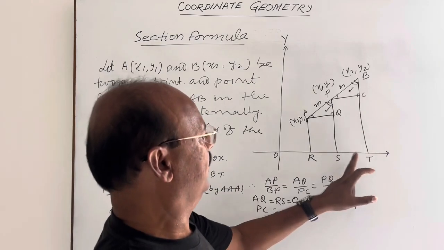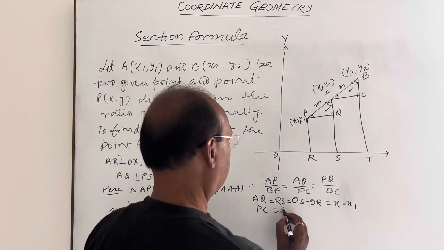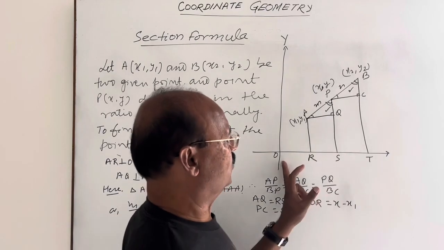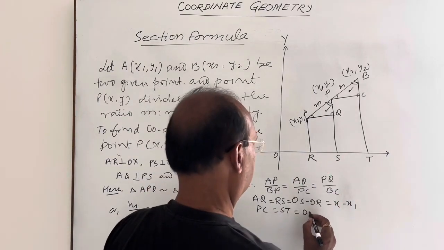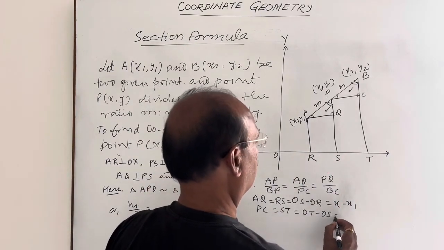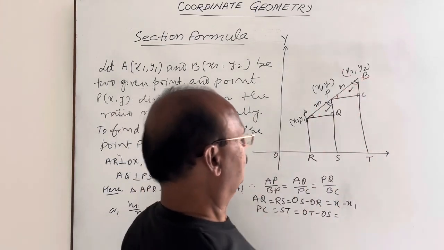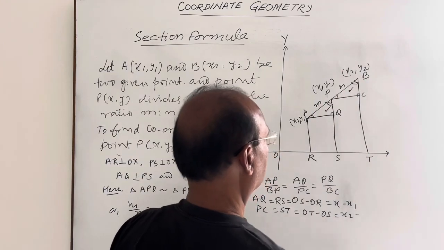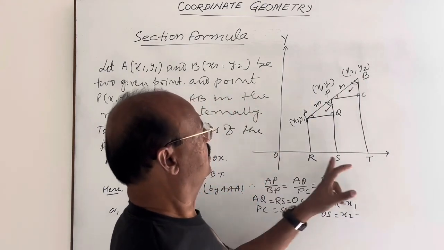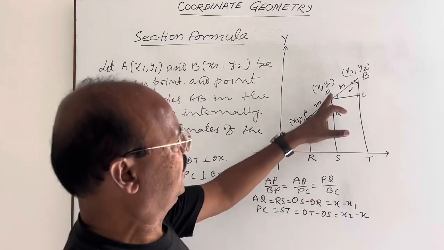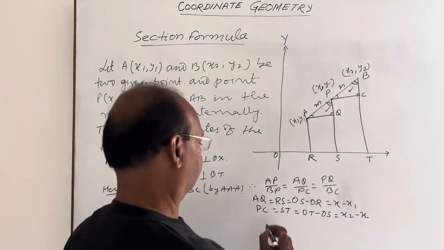Similarly, we can write PC also. PC is equal to ST. ST can be written as OT minus OS. OT is how much? X2 minus OS is X. We can find PQ and BC also.